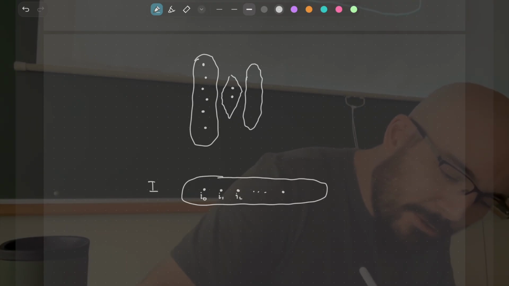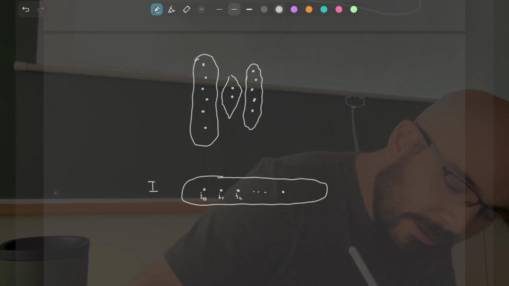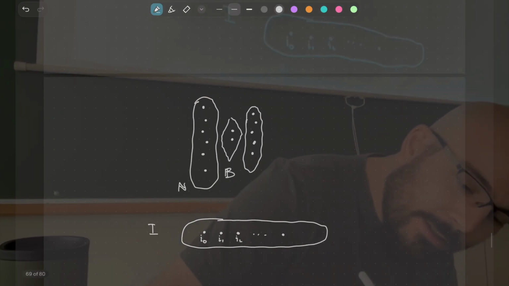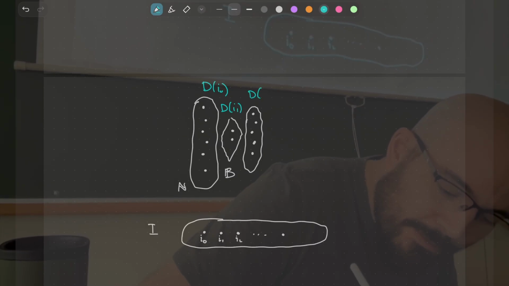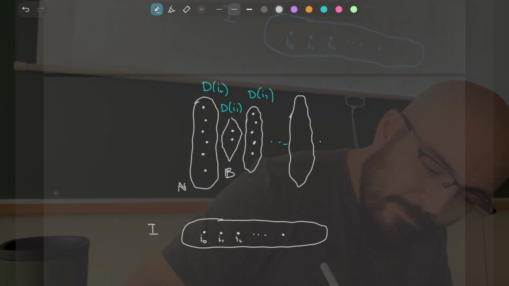Maybe, for example, the second one looks like the Booleans. Maybe this is the Booleans, as an example. I don't know, maybe these are the natural numbers. And the idea is then that, okay, this is the type D of I0. This is the type D of I1. This is the type D of I2, and so on and so forth. And we have more types here.